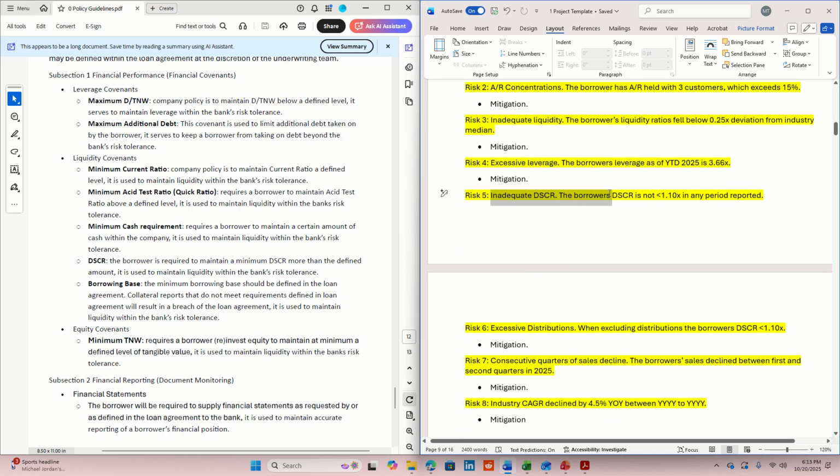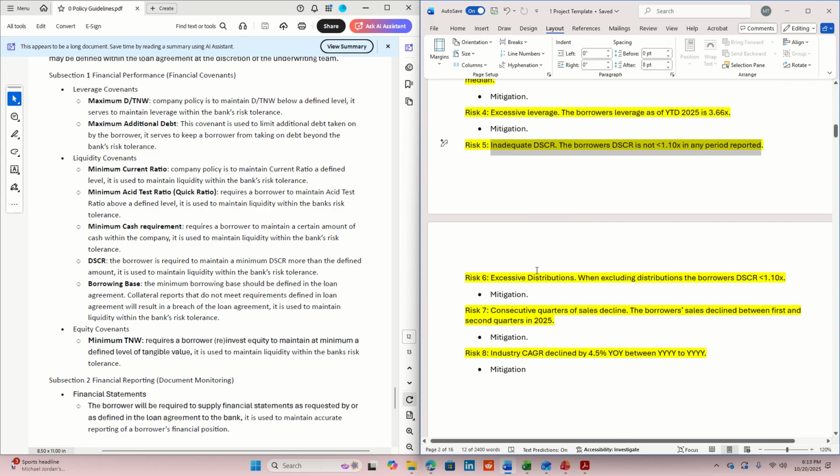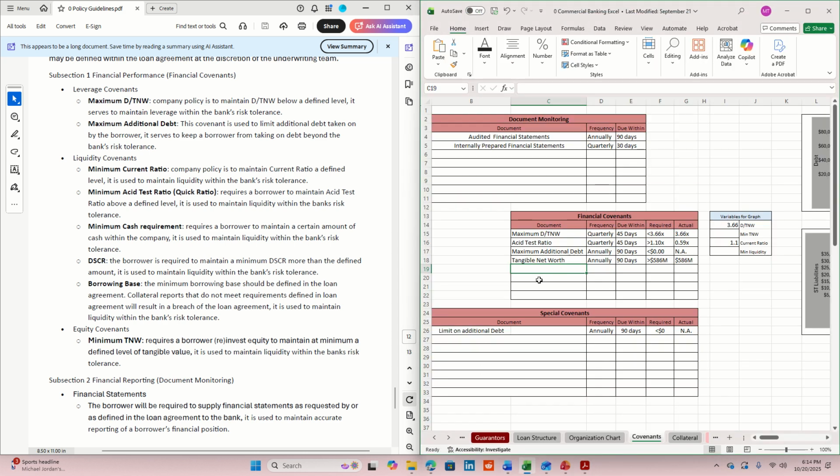Excessive leverage, inadequate debt service coverage ratio. So they did not exceed 1.10x. And their excessive distributions. When excluding distributions, debt service coverage ratio is lower than 1.10x. So we can get this down in one swoop. Minimum debt service coverage ratio.